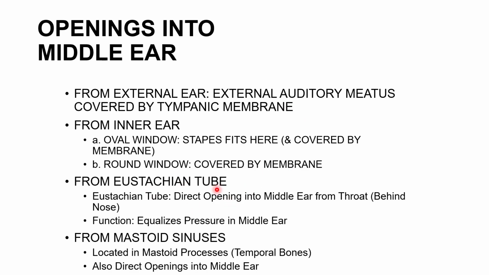But the eustachian tube and the mastoid sinuses are direct openings, not covered with any membrane, and that is how they help in maintaining the ear pressure and aeration of the middle ear, as well as the mastoid sinuses. If the middle ear gets infected and the eustachian tube gets blocked, along with the middle ear, there will be infection in the mastoid air cells also, because these air sinuses also need to be aerated.